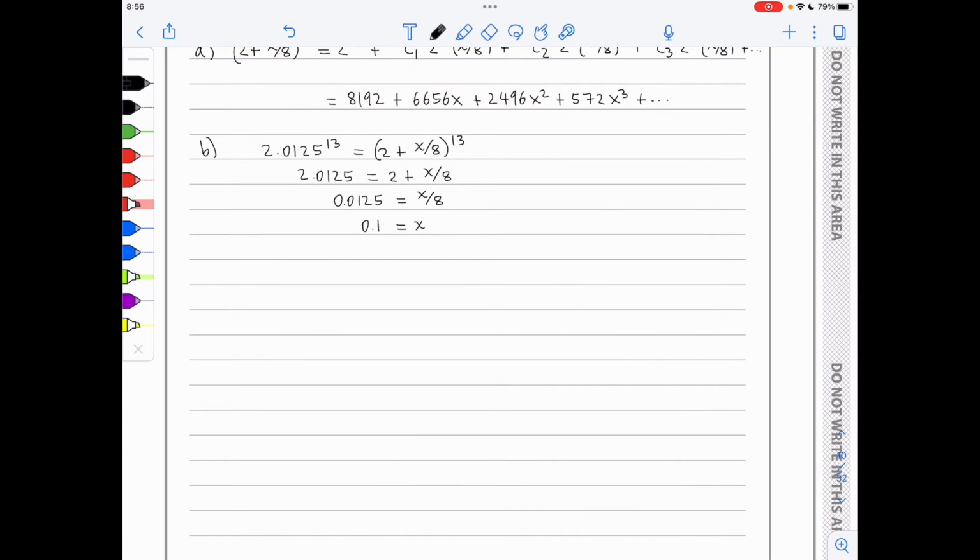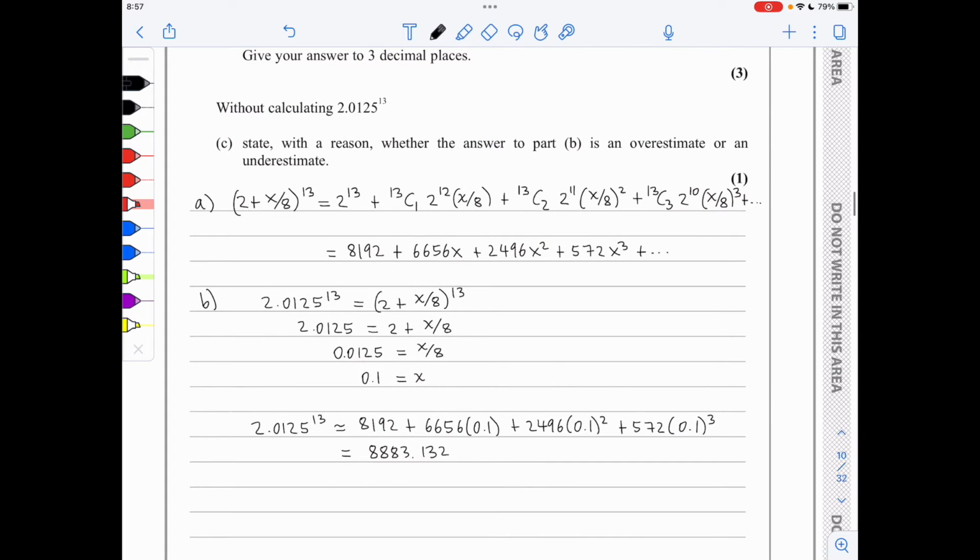So 2.0125 to the power of 13 will be approximately 8,192 + 6,656 × 0.1 + 2496 × 0.1² + 572 × 0.1³, which is giving me an answer of 8,883.132.